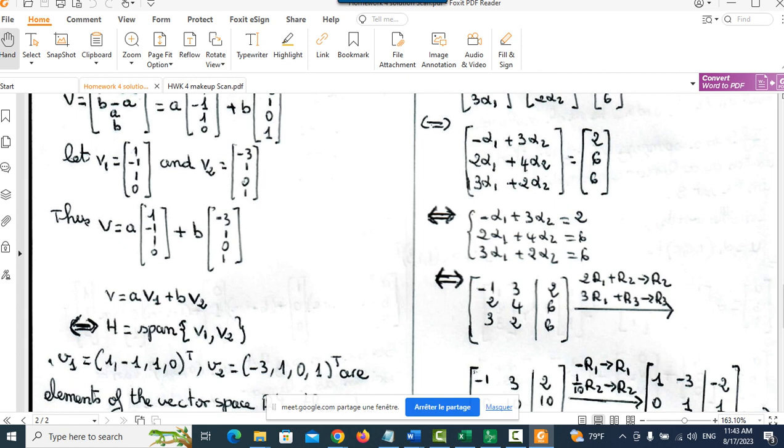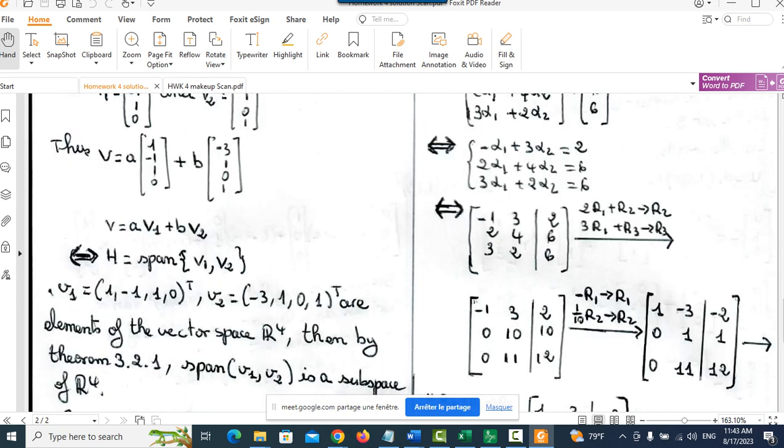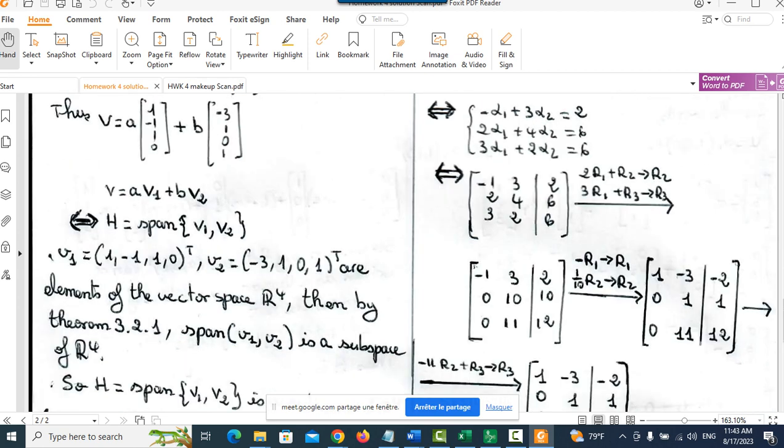That means that the set H is actually the set of all of the linear combinations of those two vectors V1 and V2, and those two vectors are elements of the vector space R4.